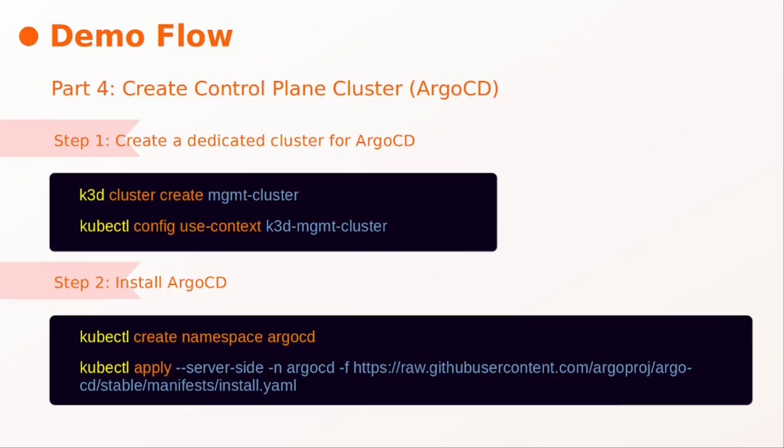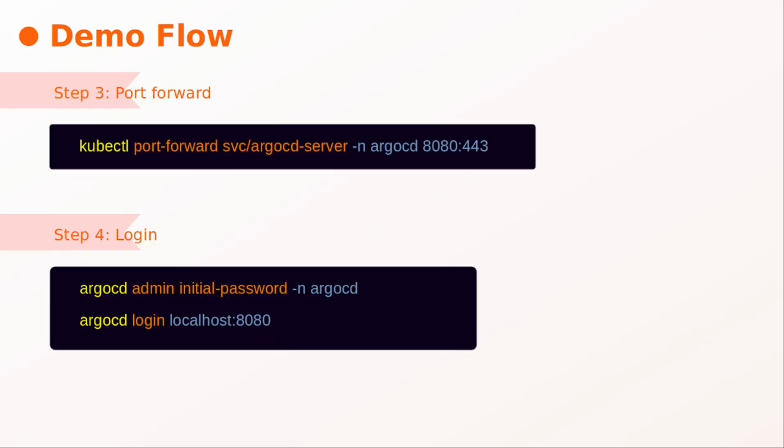After creating the management cluster, you install ArgoCD into a separate namespace. Then you expose the ArgoCD UI using port forwarding and log in using the CLI. At this point, ArgoCD becomes the central control that will monitor your Git repository and manage deployment across all clusters.